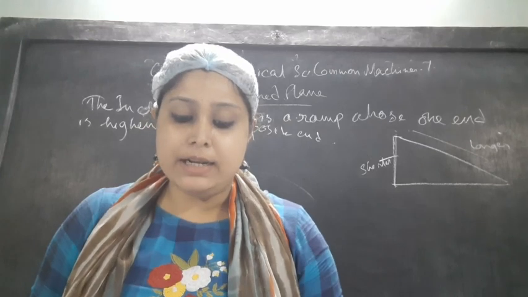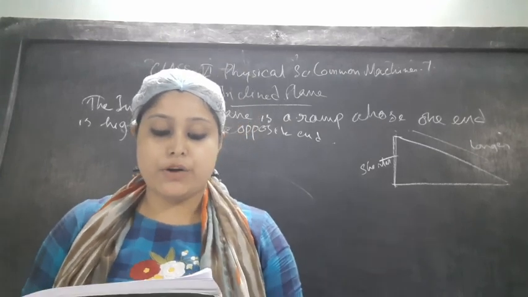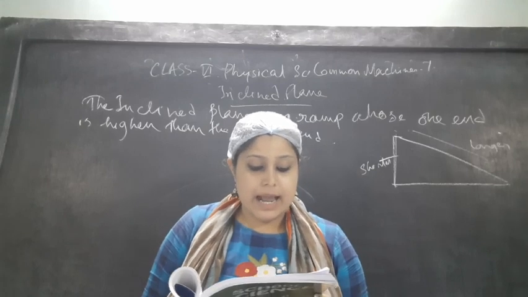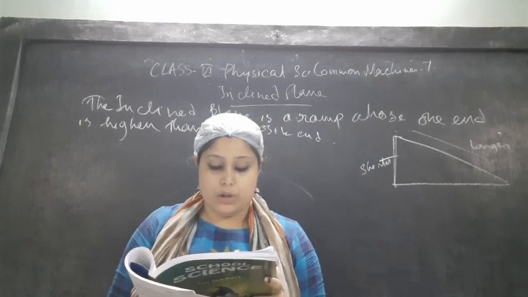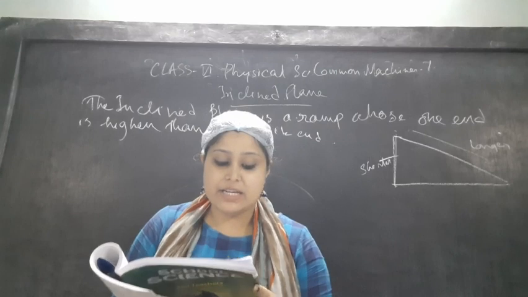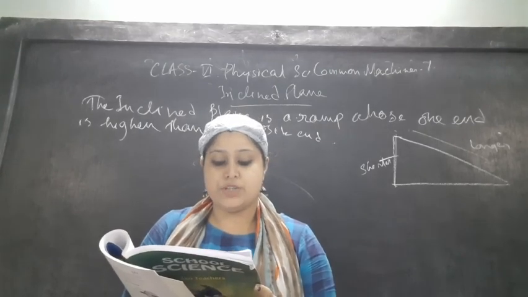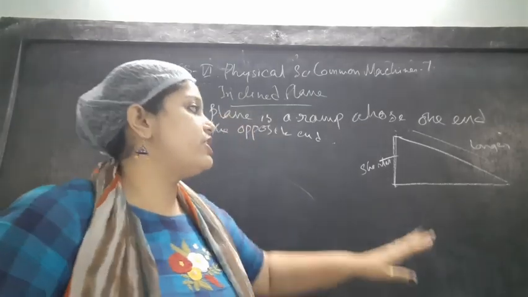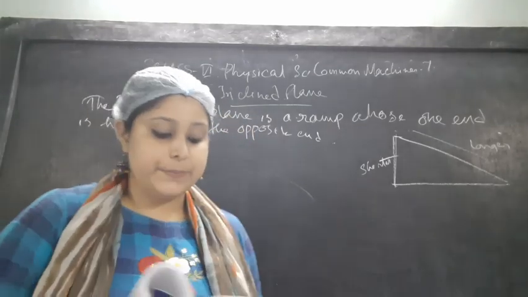Whether the inclined plane is long or short, the amount of work done will still be the same. Thus, an inclined plane does not decrease work, but gravity makes it easier to move an object down a ramp than up that ramp. So gravity is also used in this process.